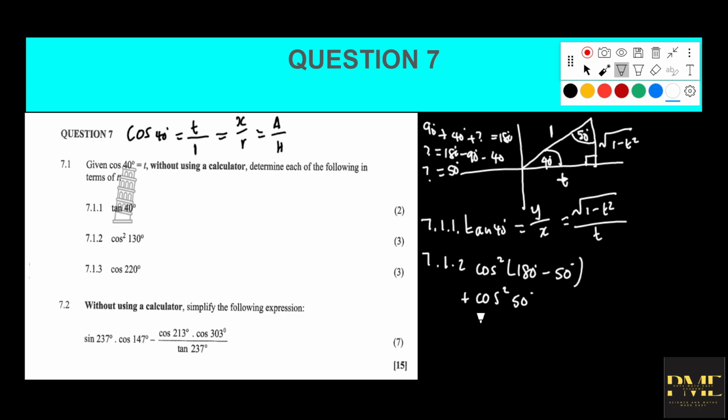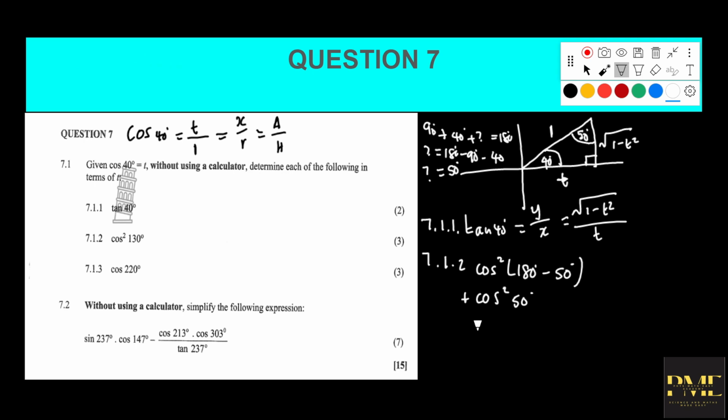So we know by definition that cos can be defined as x over r, or when it comes to your right angle triangle, defined as adjacent over hypotenuse in relation to the angle we are talking about. So in relation to angle 50, the side that is adjacent to this angle is the square root of 1 minus t squared.